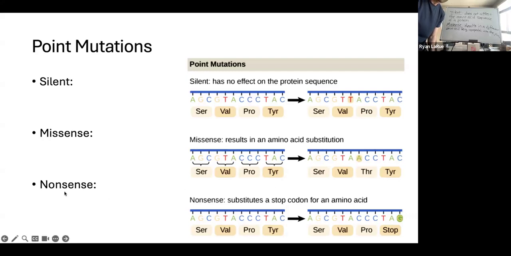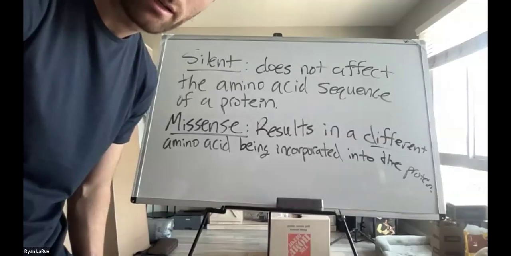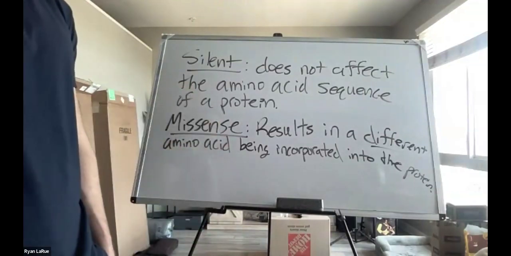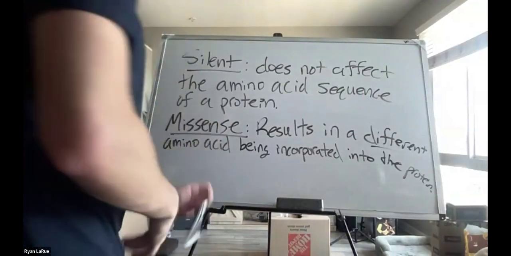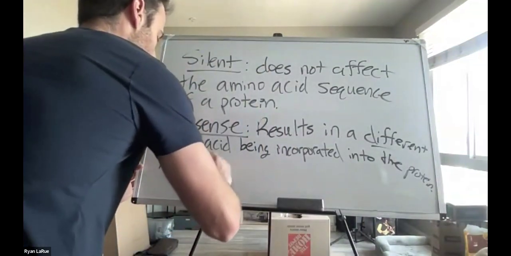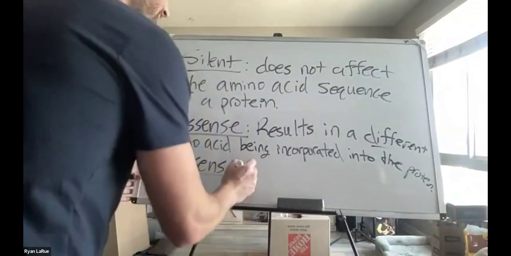All right. Last up, we've got a nonsense mutation, which screws it up so much, it just doesn't make any sense anymore. So a nonsense mutation is our last type of point mutation here.